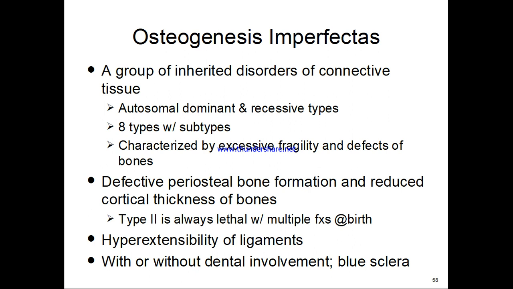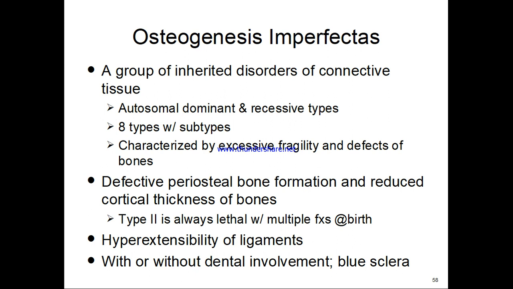All of these are characterized by very fragile bones. They have defective periosteal formation and reduced cortical thickness of bones. Type 2, know that one is always lethal with multiple fractures present at birth.